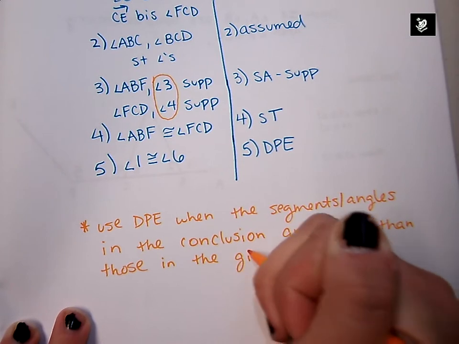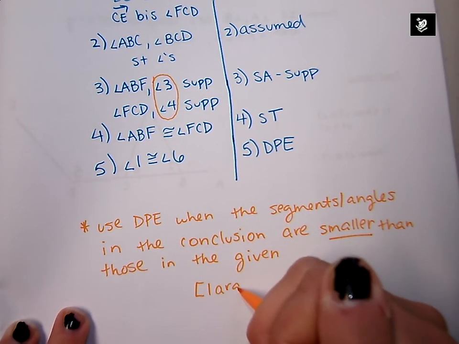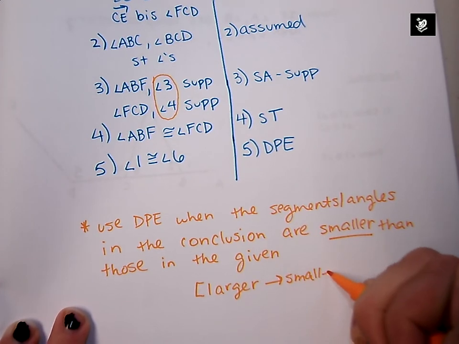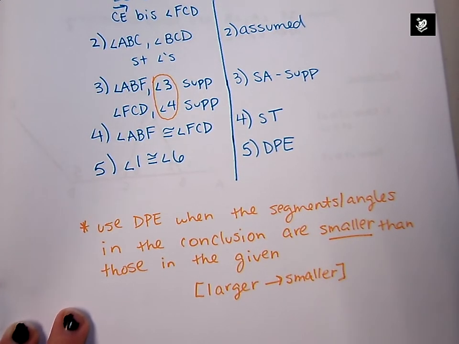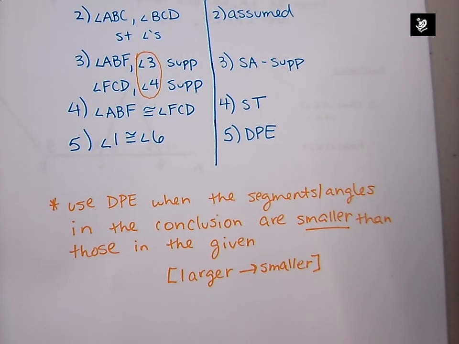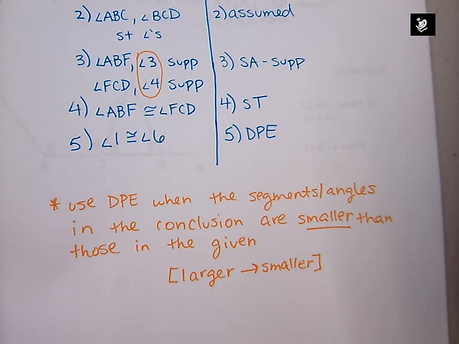So this time we are going from a larger piece to a smaller piece. And we look for those double uses of the words midpoint, bisectors, and trisectors. And that's going to be our hint. Hey, I need to use DPE or MPE. So now we've covered all of our operations. We've got addition and subtraction with SAT and AAT. And now we have division and multiplication with DPE and MPE.